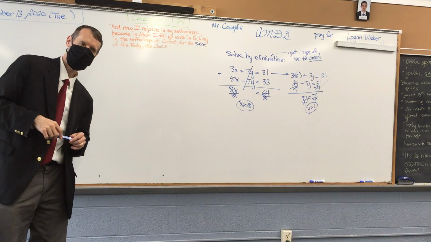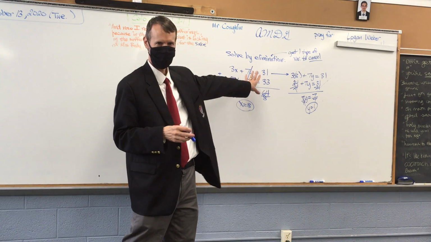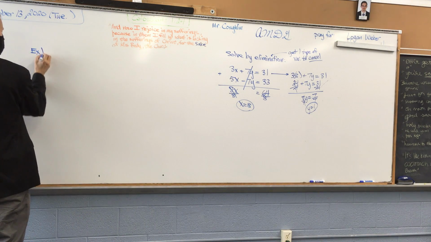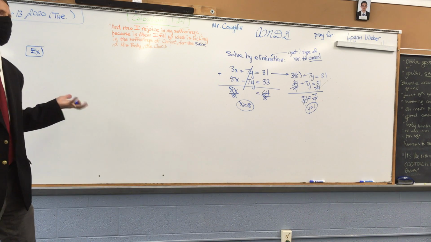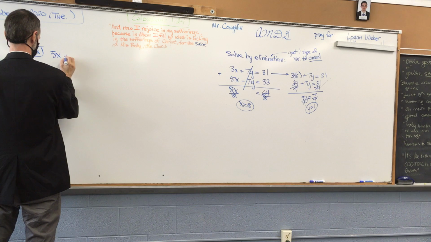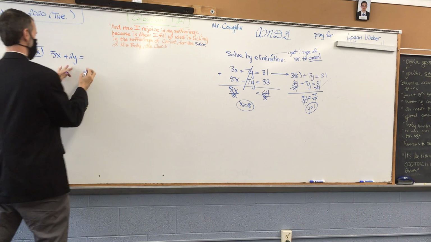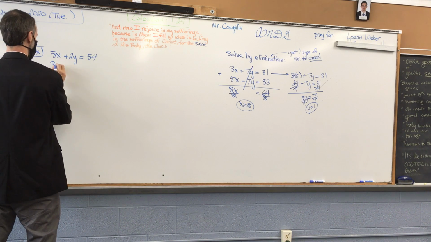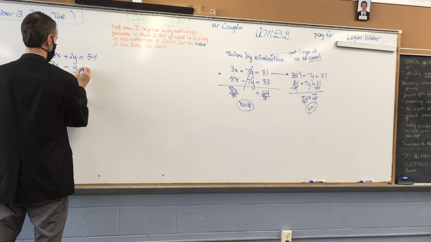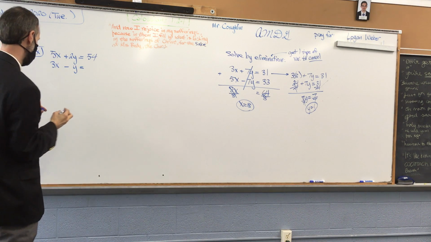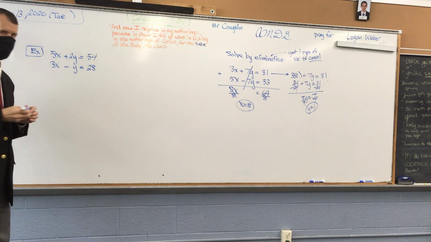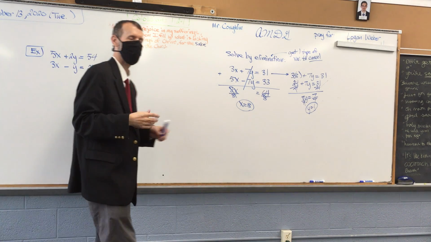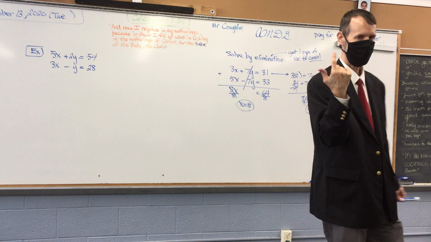If you can get one type of variable to cancel, you're in business. Now, there are problems that don't quite lend themselves so easily. For example, 5x plus 2y equals... Now, I would like to solve by elimination because it's so fast, but if I added those two equations right now, would anything cancel?